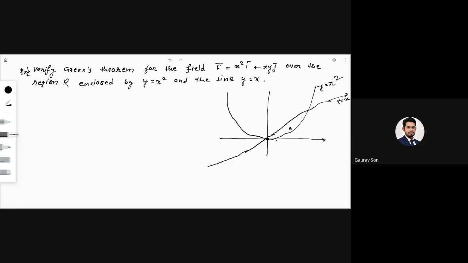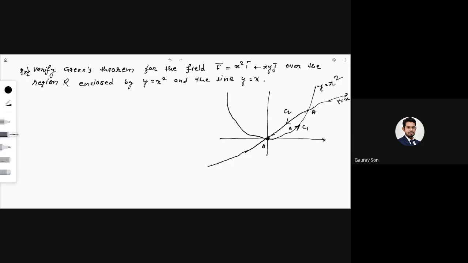Okay, R. What is the curve? The curve is this. Always remember that we need to take the orientation anti-clockwise. So this is the origin. This is the point A where these two curves are intersecting. And from A, it is again coming to this point. So our C will be comprising of C1 and C2, right?